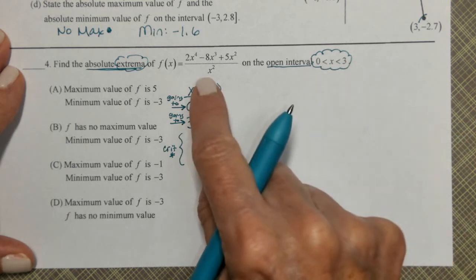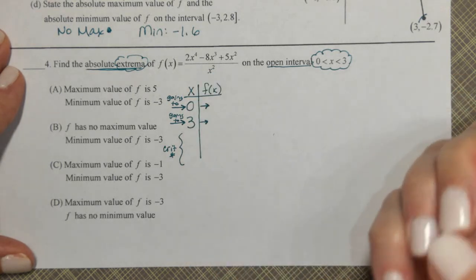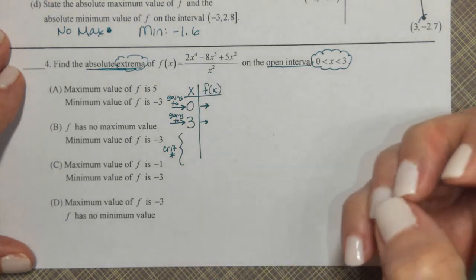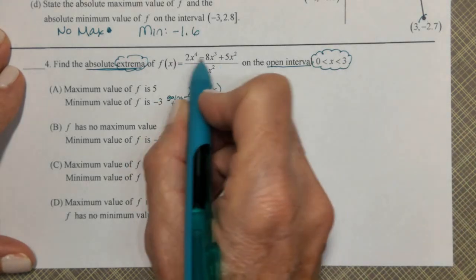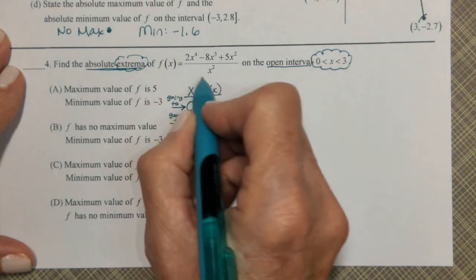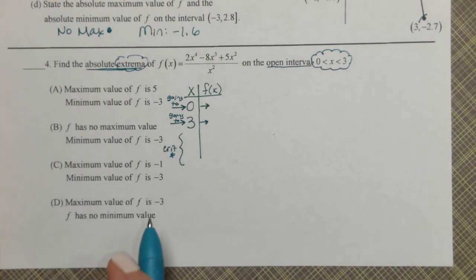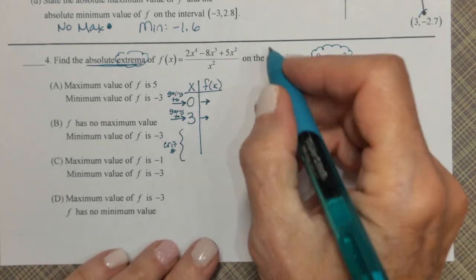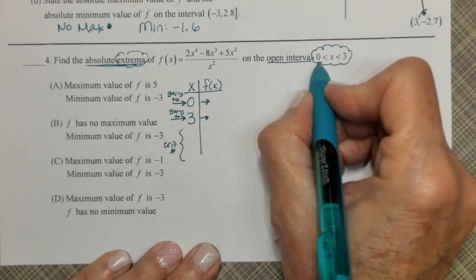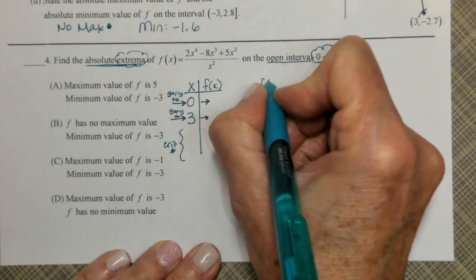Because when we take out this denominator, we're losing part of this function. We're losing a hole in this function because you can factor out an x squared, and that makes a hole. So when x is 0, we have a hole in this function. But since we're not including that 0, we can just go ahead and divide it out.